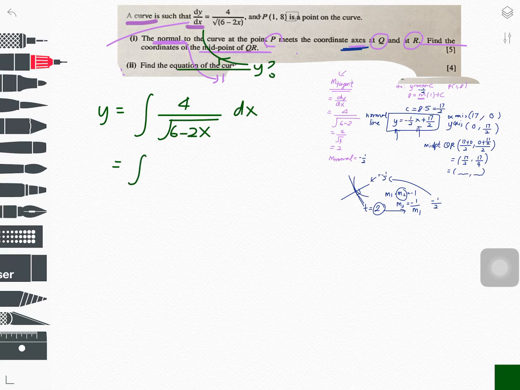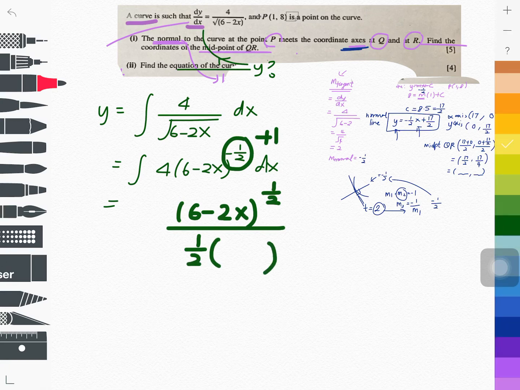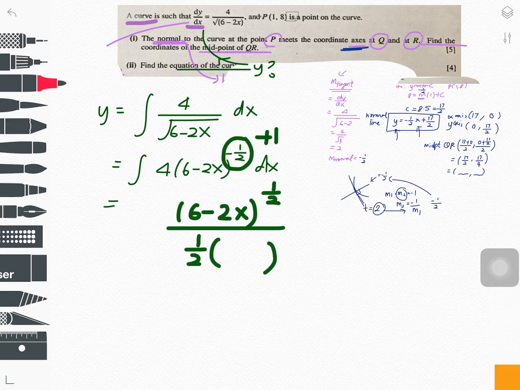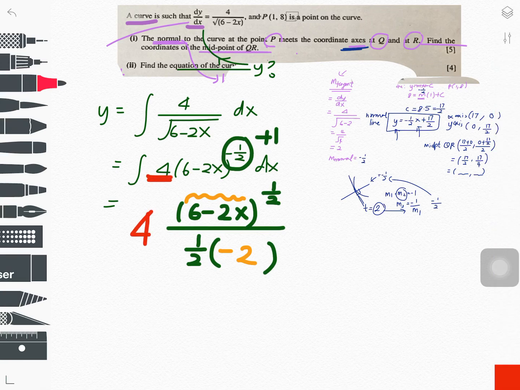So the only step I can do now is bring it up, add plus 1 to the power, so half over half. You differentiate the inner part. You differentiate this, what do you get? Negative 2. What do you do with the number in front? Just put it back here. Plus the c. That's right.